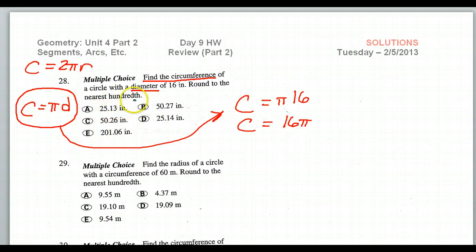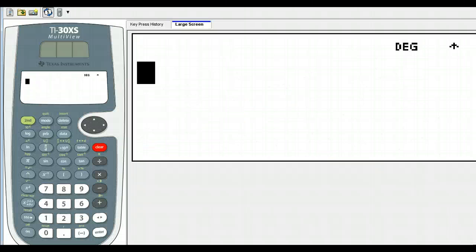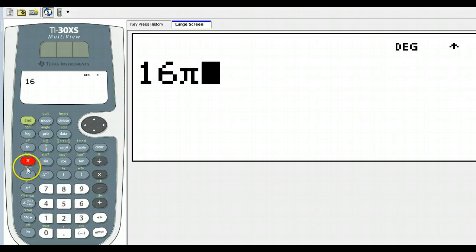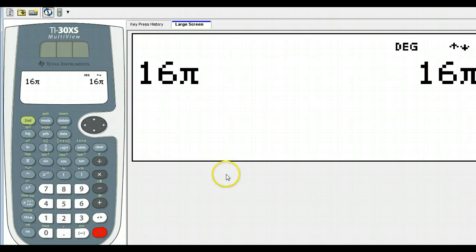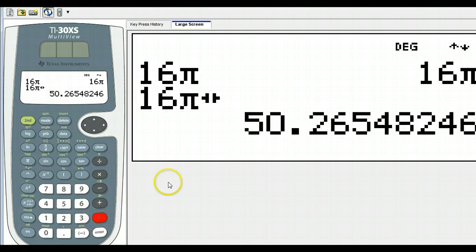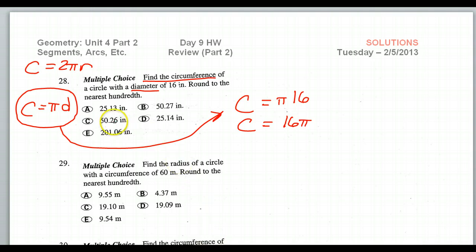But the answers are all in decimal form, so we go to the TI-30 XS MultiView, and we just type it in, 16 pi. If you hit enter, it just says 16 pi again, but if you hit the toggle button, it switches to decimal form. So we see 50.27.